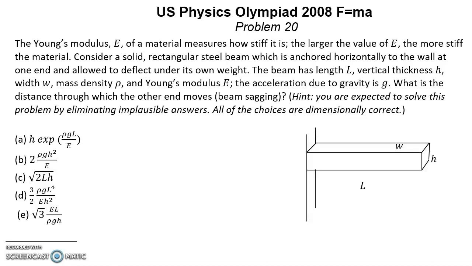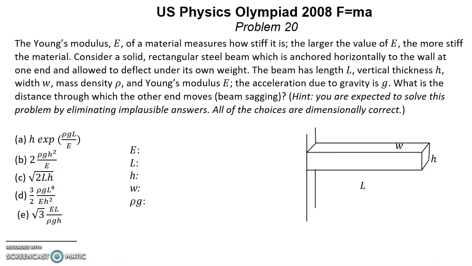Let's start with this table. We will check for each parameter how it will affect this deflection, and exclude what we can exclude. So first of all, Young's modulus, it's how stiff it is. It means how difficult it is, under the gravity for example, to compress or to stretch our beam.